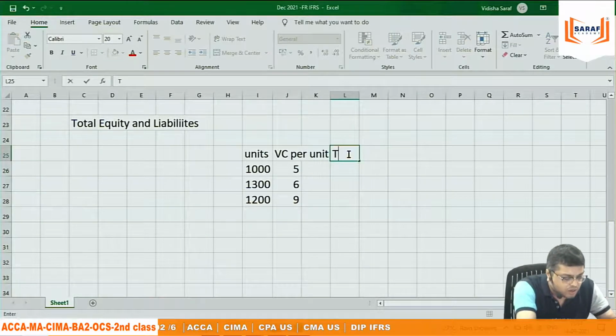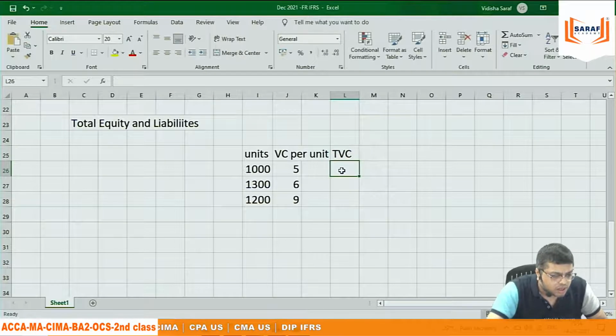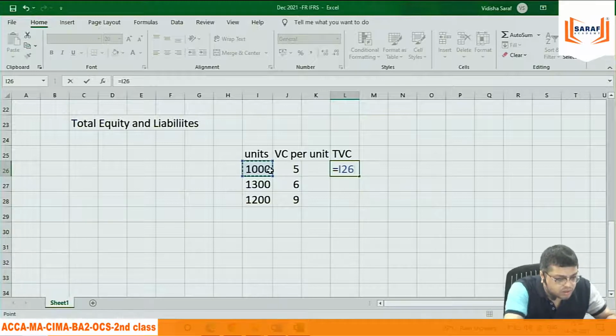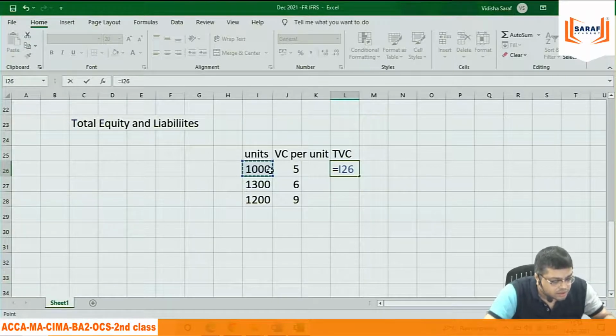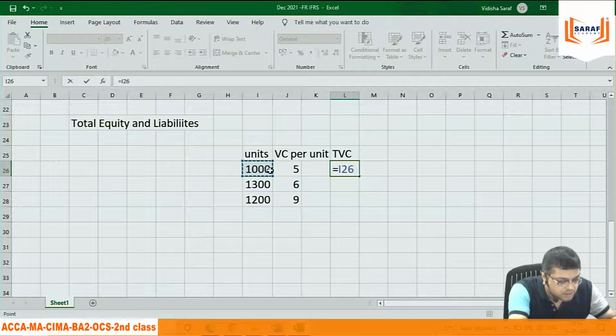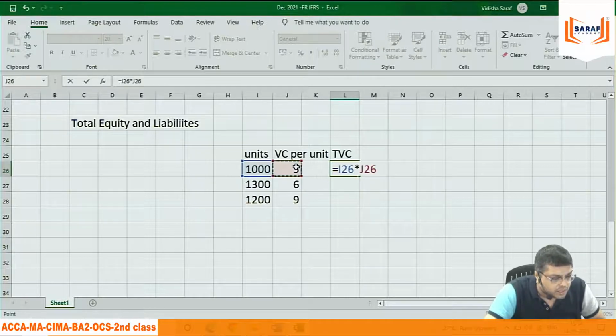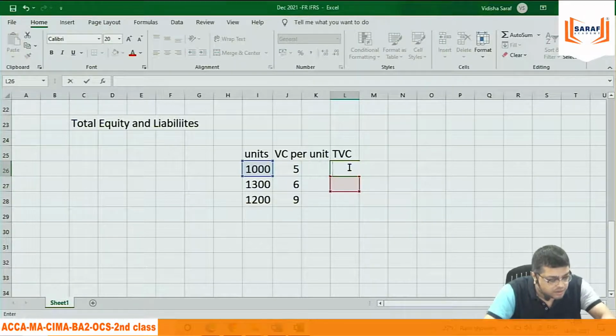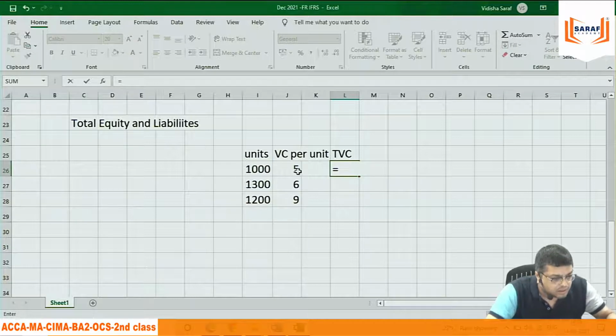Then here, total variable cost. How will it come? This into this figure. It is this into this.